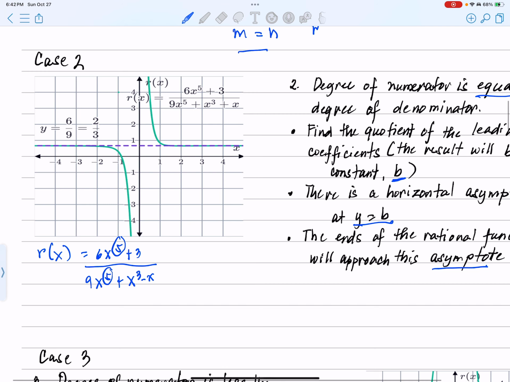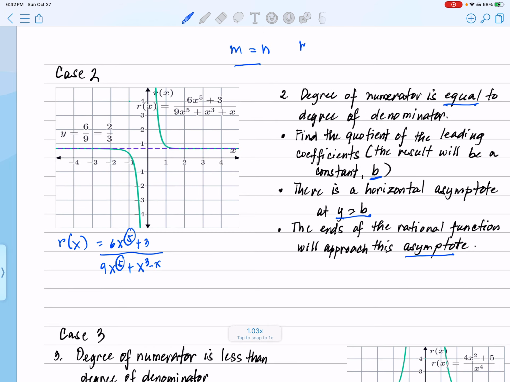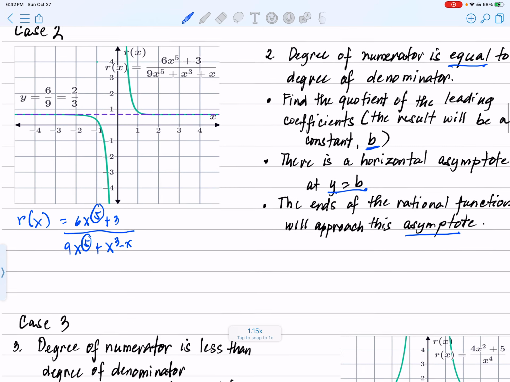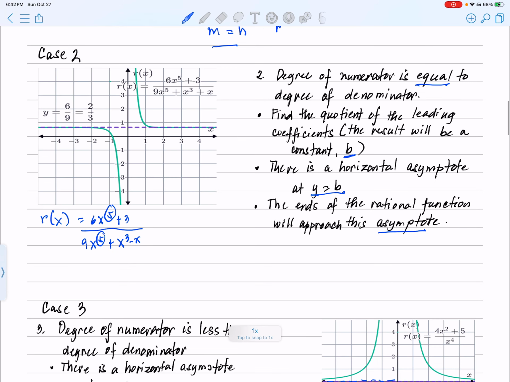When that happens, you have a horizontal asymptote. So let's look for that asymptote by getting the coefficients. Our leading term in the numerator is 6x to the 5th, and in the denominator is 9x to the 5th.